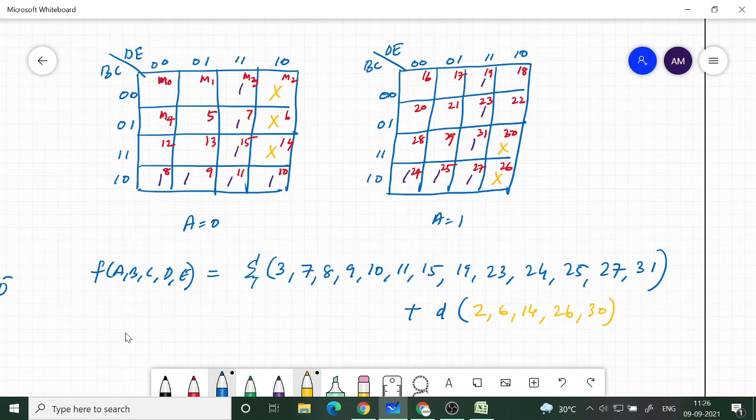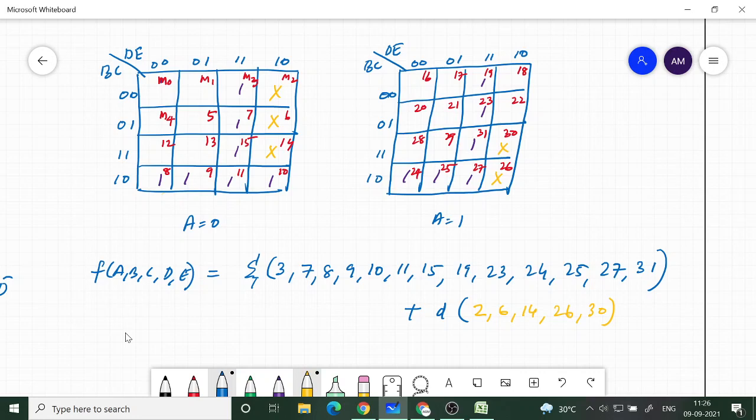Apart from the nearest neighbors which we specified for the 4 variable K-map, we have additional nearest neighbors, and that is basically this cell in the corner and this one in the same position. They are nearest neighbors, because the only difference is A is 0 here, A is 1 here. One variable change. B, C, D, E are the same, right? 1, 0, 0, 0. But A is 1 here, A is 0 here. So you need to know that.